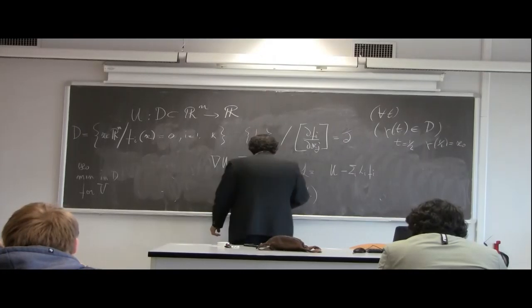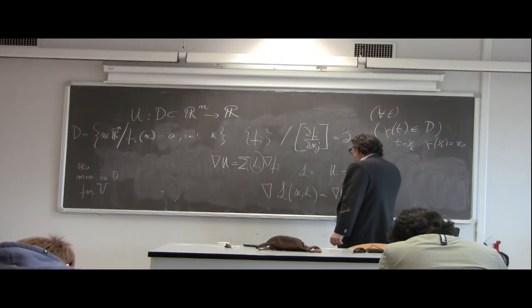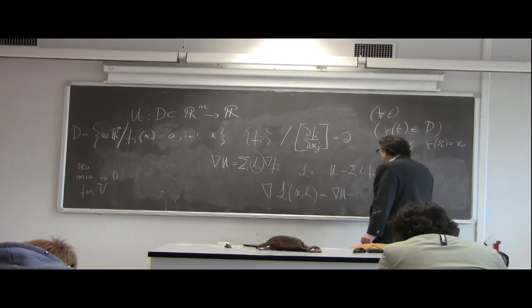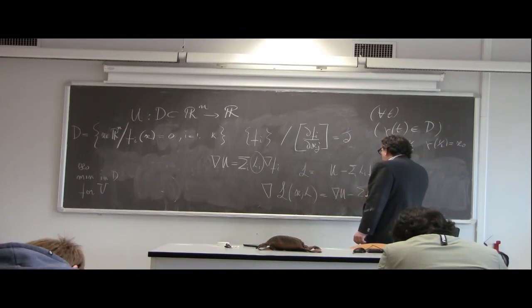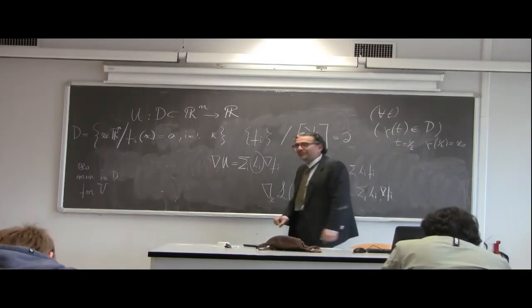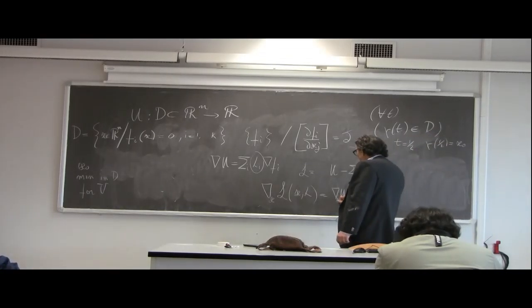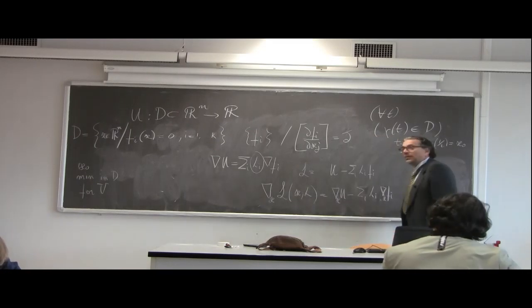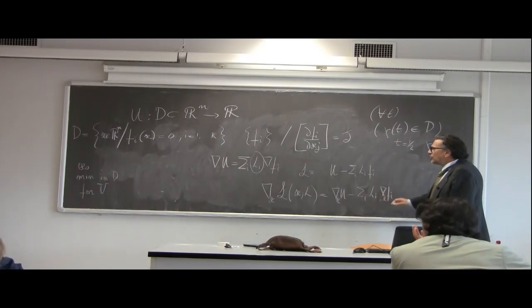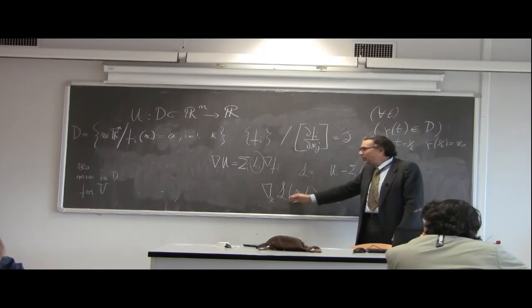The gradient of L is equal to grad u minus the summation over i of lambda i grad fi, the gradient with respect to x. So this condition is equivalent to imposing that the gradient of L is 0.